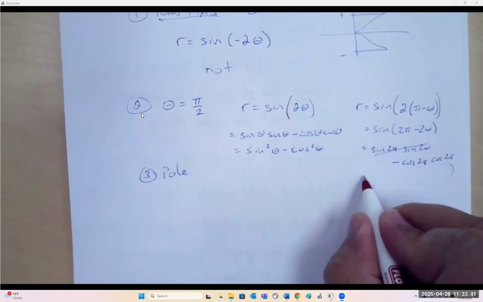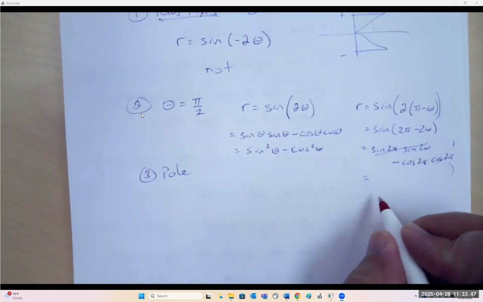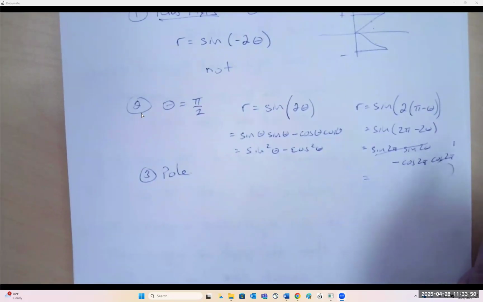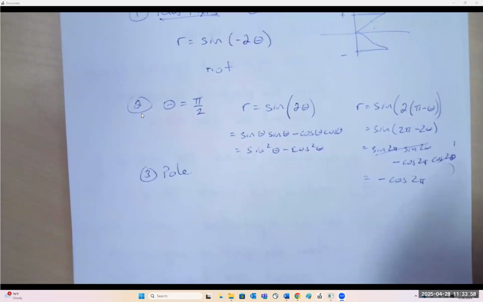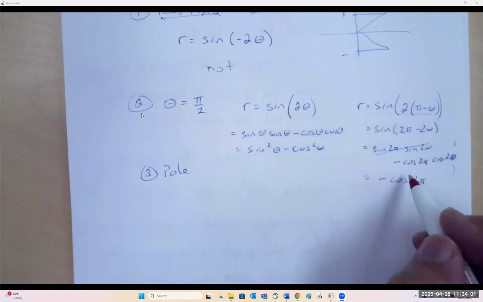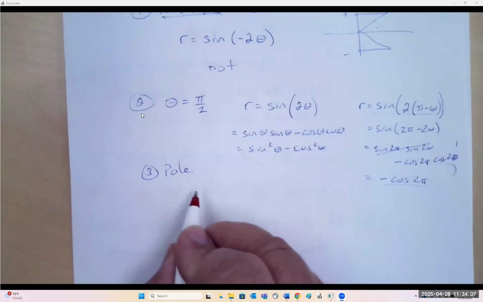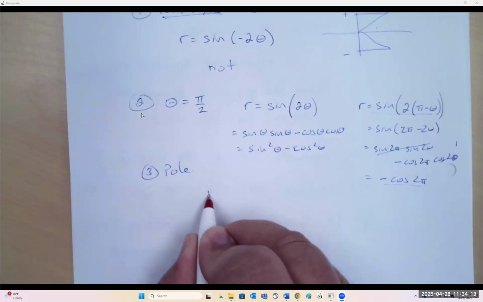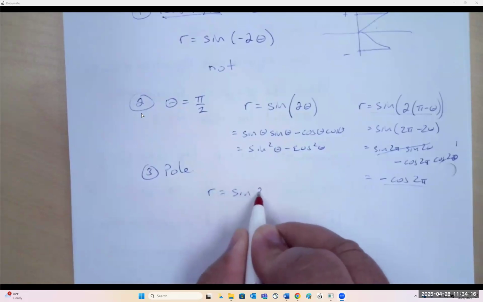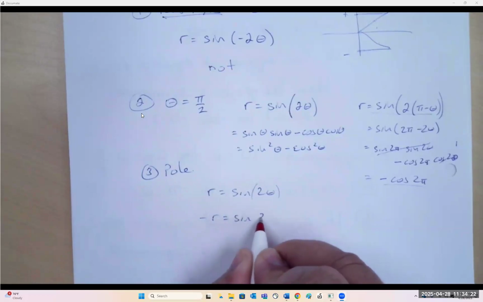Sine of 2 pi is 0, cosine of 2 pi is 1. So no, because we started with this and changed to this, so it's not the same. So r equals sine 2 theta, negative r equals sine 2 theta.